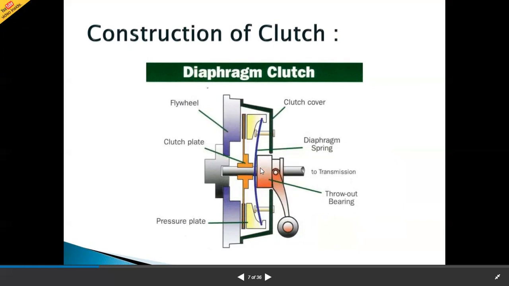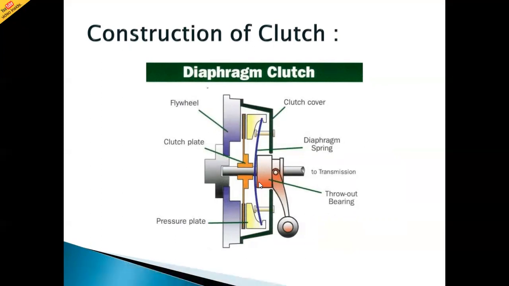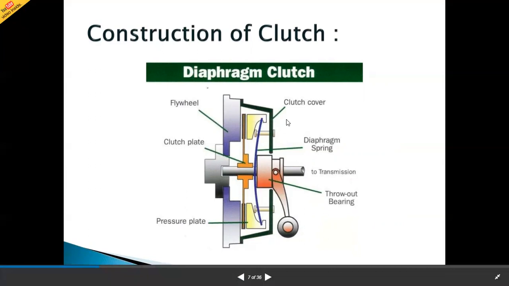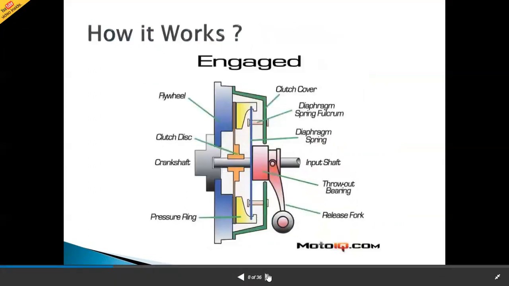All these components are provided here. If we apply the clutch, the disengagement takes place, and we can easily shift the gear and easily change the speed. In this way, this is the type of clutch.